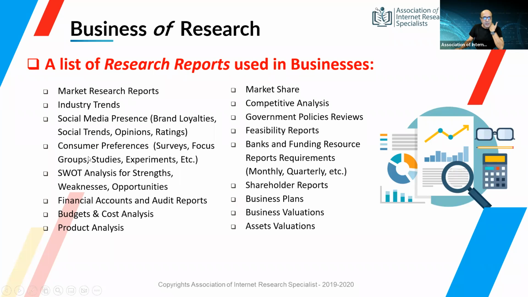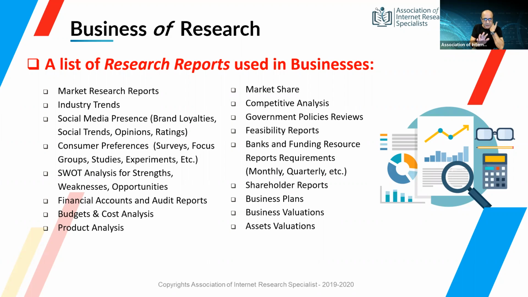With the list that you're looking at, there are different types of research reports, and just remembering the names of these or how they are mentioned as headings would help you do your search by putting them in Google, and you will find what type of information is contained in these reports.